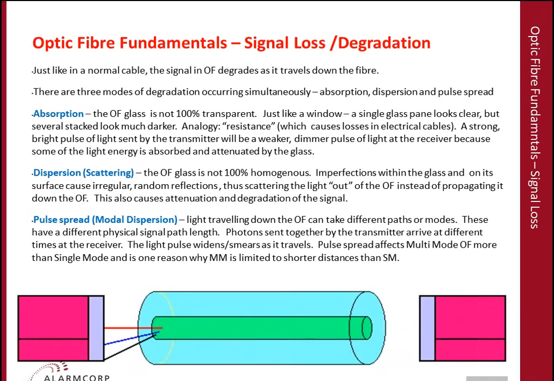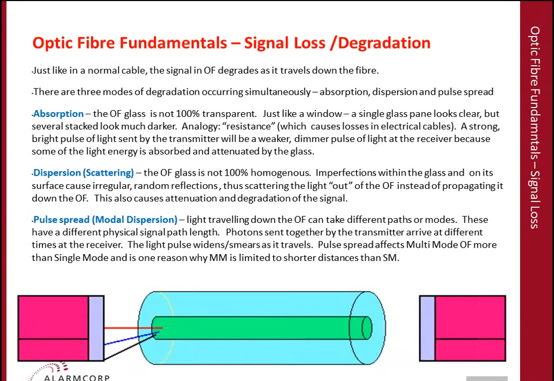And finally, we have pulse spread or modal dispersion. And this is more so in the case of multi-mode fibers than in single mode. Light traveling down an optical fiber can take different paths or different modes. Now, each path will have a different physical path length. Now, even though light travels at the speed of light, if you have a longer path, then the light that travels down the longer path will arrive later than the light that travels down the shortest path.